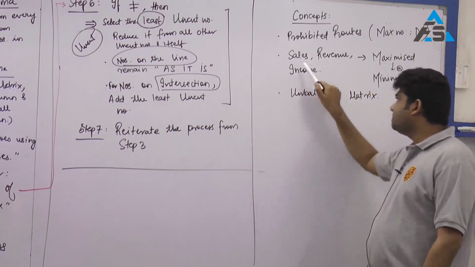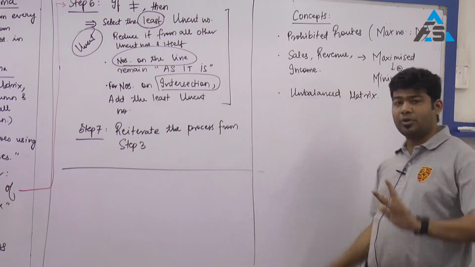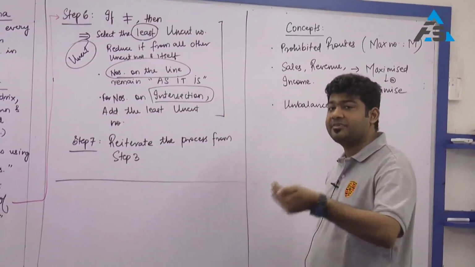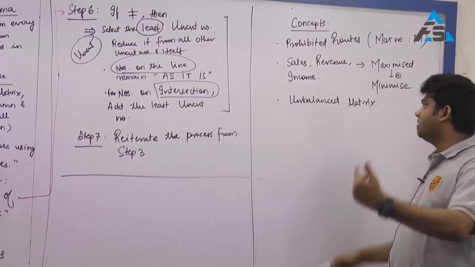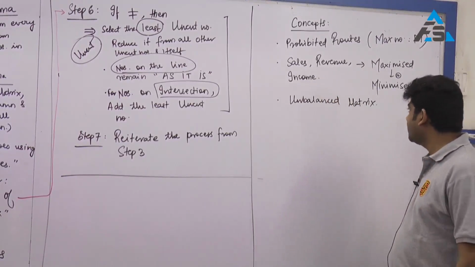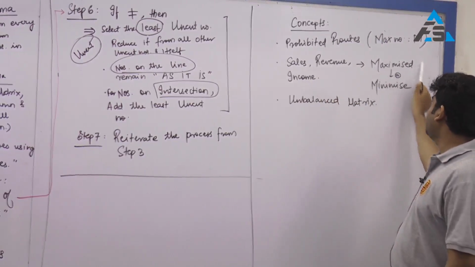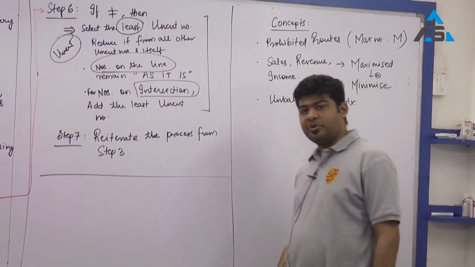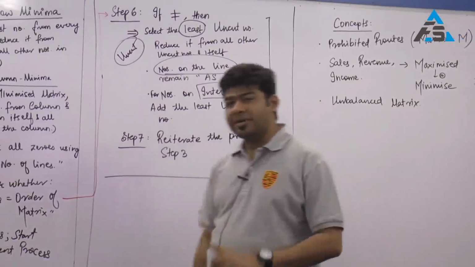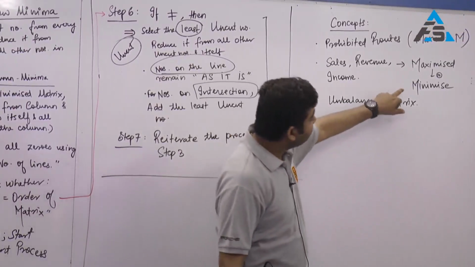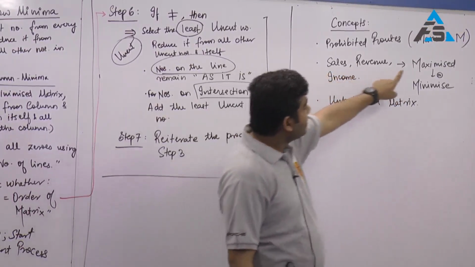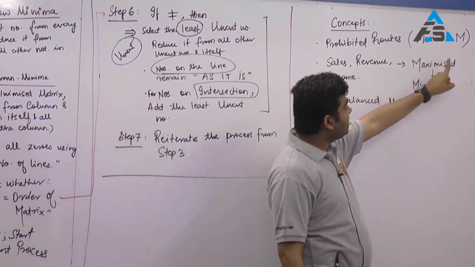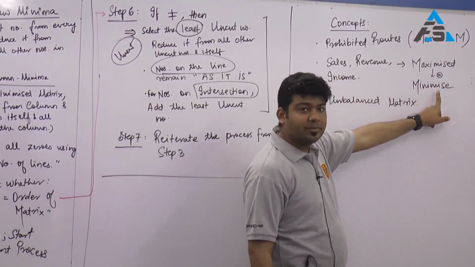Concept number 2, if there is a sales, revenue, income oriented question. The question says find the sales, find revenue, find income, or such things where sales, revenue and income are involved, then those are called maximized type of problems. In operations research assignment, we have to solve it as per minimized. So first we will convert this maximized type of problem to a minimized type of problem.